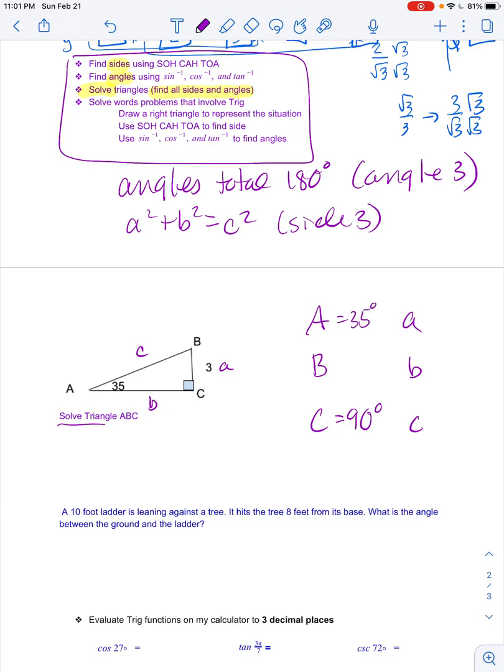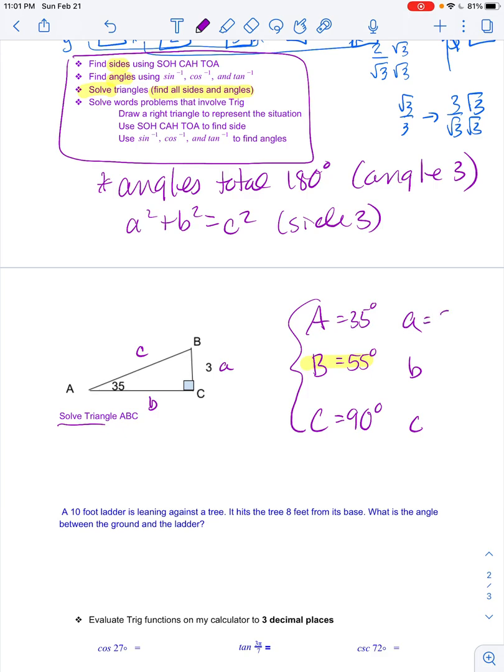I know that's 35. This one, I know 2 out of the 3, so I can use subtraction to find that last one. And so when I do that, then this angle B must be 55 degrees. And that was not trig. I did not have to find that using trig because I already knew 2 of them.